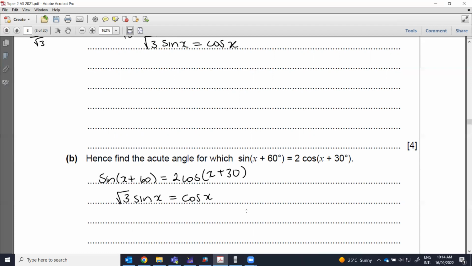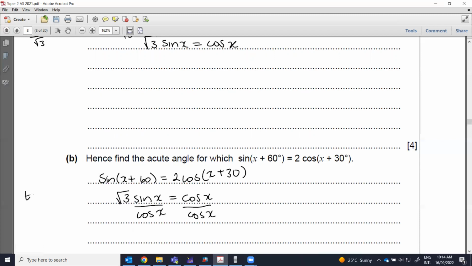Sorry, in terms of one other one. So sine and cos, we can rewrite this as tan. So I divide by cos x. Then divide by cos x.